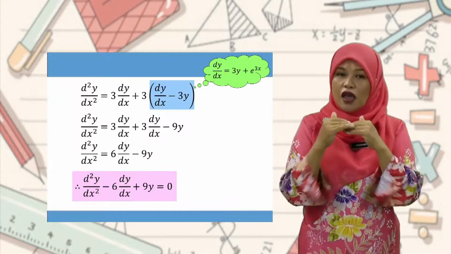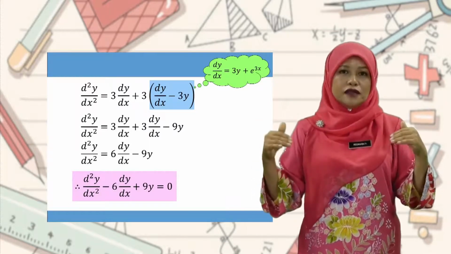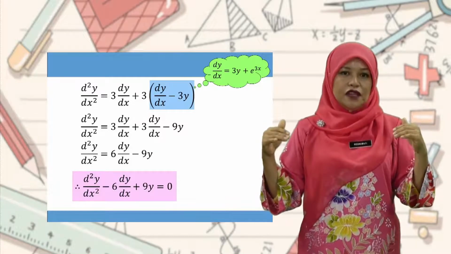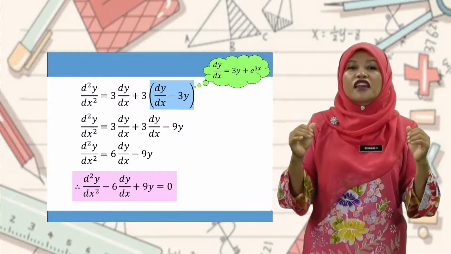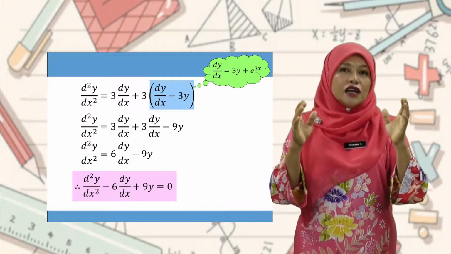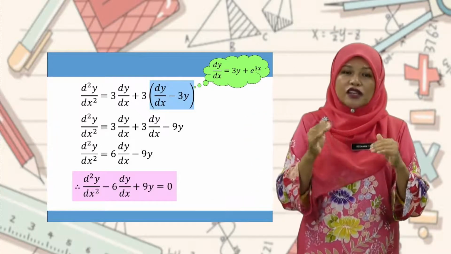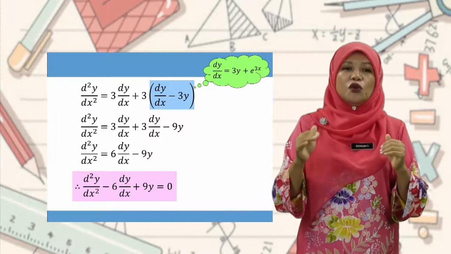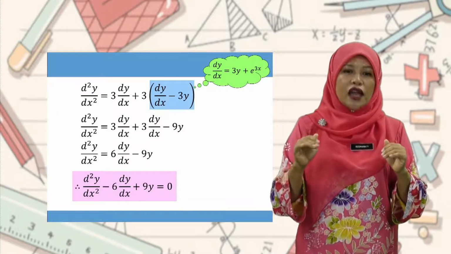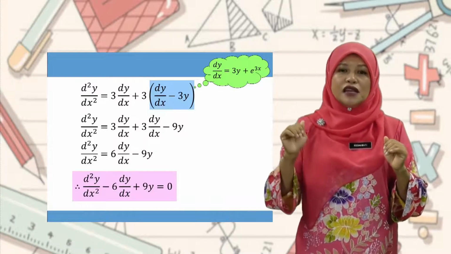So now, in that line, there is no more x. We try to manipulate this equation so that we have the same form as required in the question. In the next line, we have d2y dx squared equal to 3 dy dx plus 3 dy dx minus 9y.